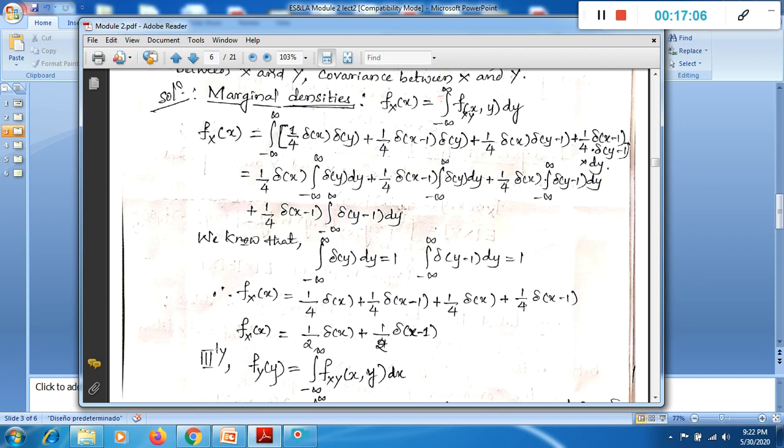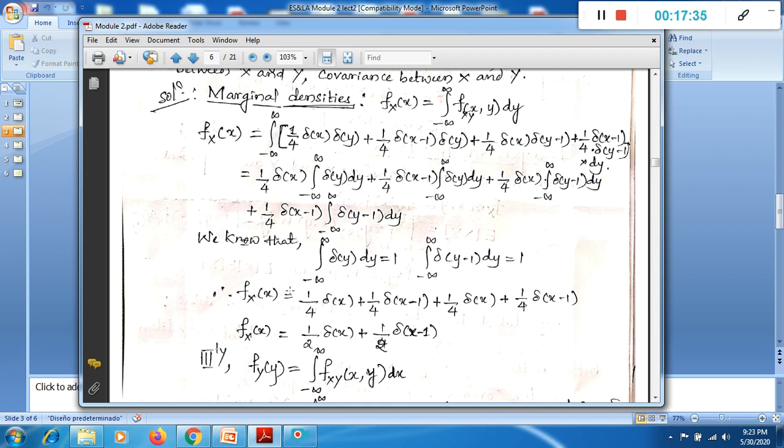So when we substitute these values in this equation, the integration of δ(y) dy is 1, and even this is 1. Similarly here, the first two terms will be these two, and the rest two terms will follow this integration, and again their values are 1.